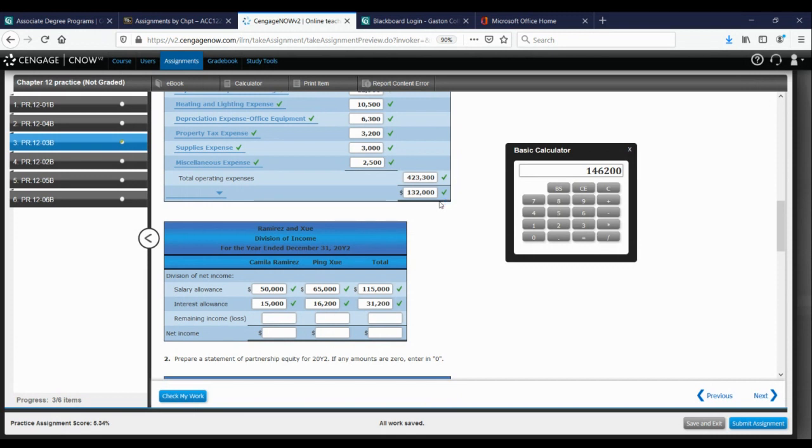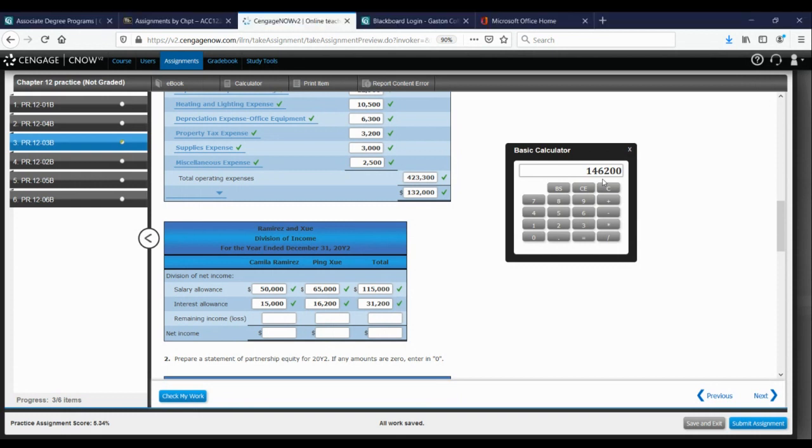And that difference is going to be how we split the remaining net income. So we have to find the remaining net income. And so right now our total salary allowance is $115,000 and the interest allowance of $31,200 together is $146,200.